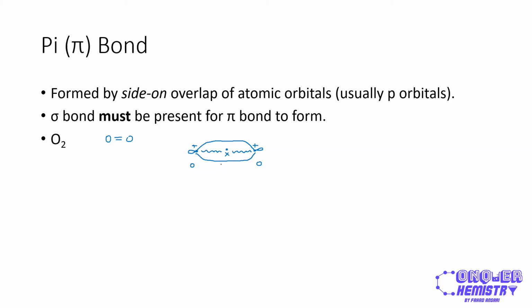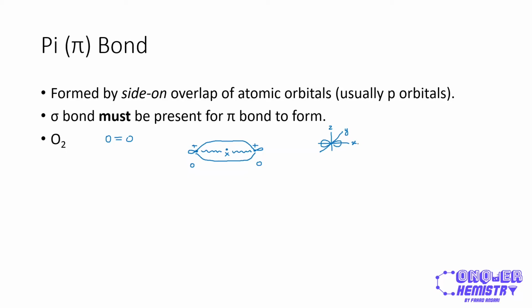Now what happens is there's going to be a double bond formed by not just the end-on overlap of two incompletely filled p orbitals, but the side-on overlap of two further incomplete p orbitals. So we know that the p subshell consists of three p orbitals, one along the x-axis, one along the y, and one along the z-axis, right?